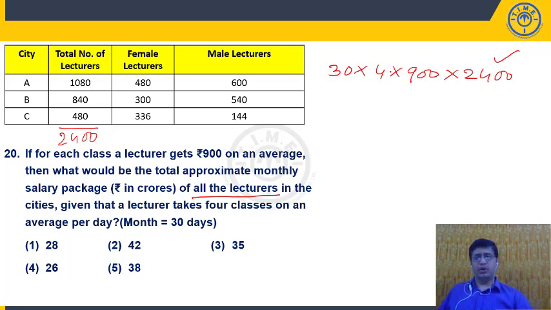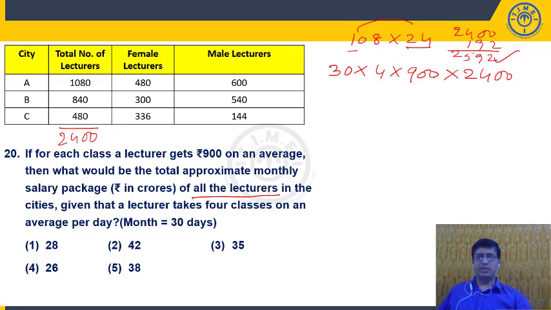So 3 into 4 is 12, 12 into 9 is equal to 108. So 108 into 24. So 24 ones are 24, so 2400 you will get here. And 8 into 24, 160 plus 32, means 192. Approximately here 2592.